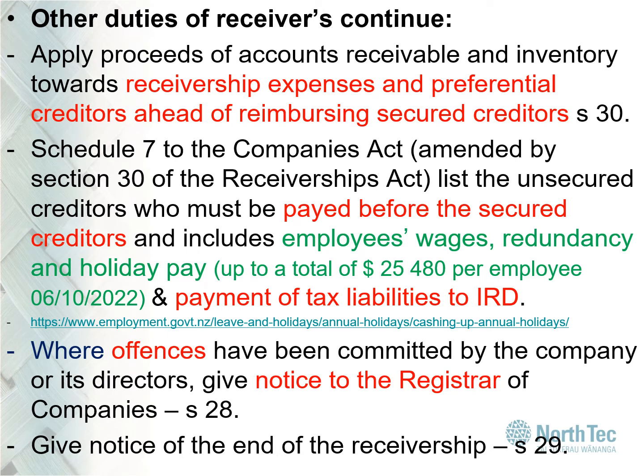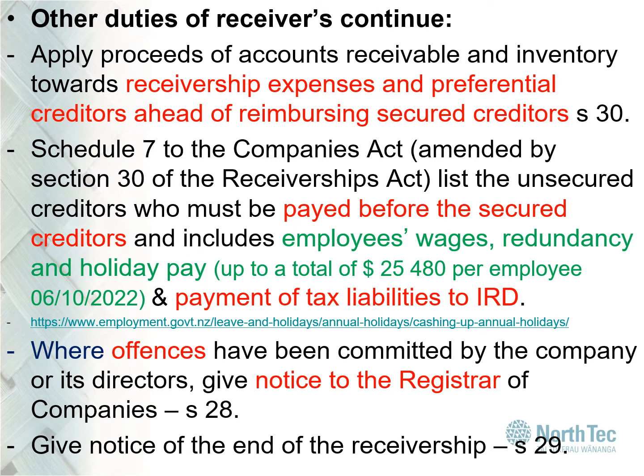And people, this can only go up to a total of 25,480 per employee. And I've checked that amount on the 6th of October 2022. And of course, IRD is part of these preferential creditors who will have to be paid first, even before the secured creditors.